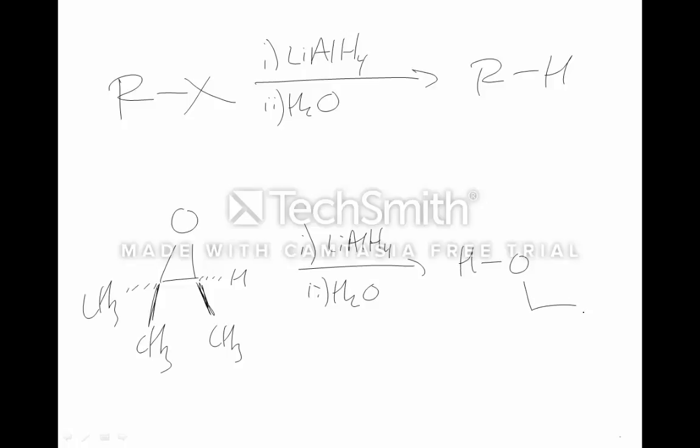We'll see that we get something like this. That's the H coming from the hydride. We get these two main reactions. Okay, so we'll talk about what lithium aluminum hydride is.